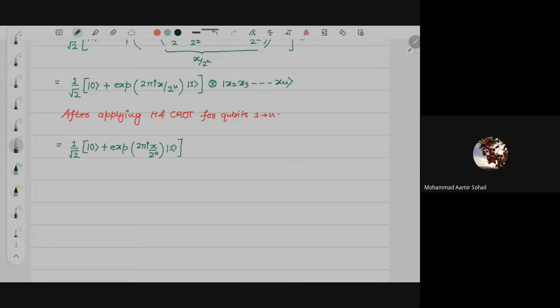So this one is for the first one, and if we apply it for the rest of the others, we will get something similar to this.